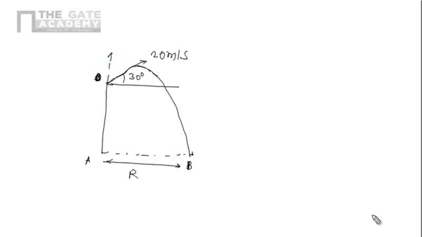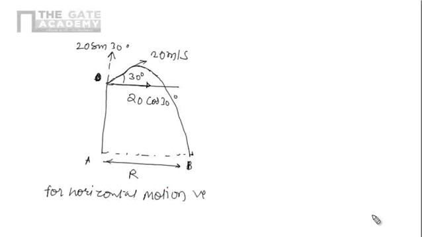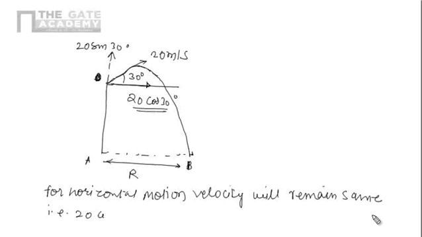So we know the component here, that is 20 sin 30 degree, and the component here, that is 20 cos 30 degree. So for horizontal motion, velocity will remain the same. So in the horizontal direction, we are having 20 cos theta, 20 cos 30 degree.